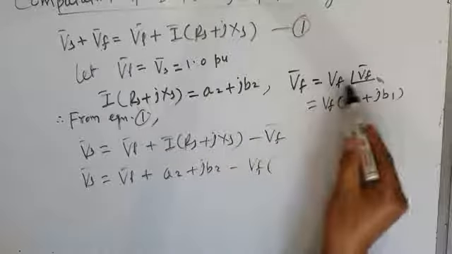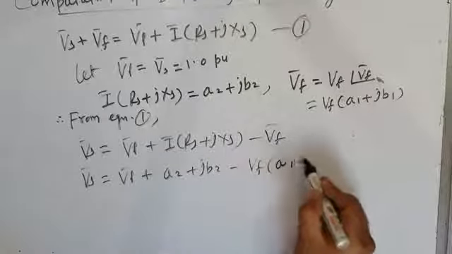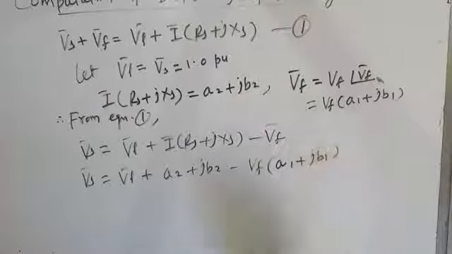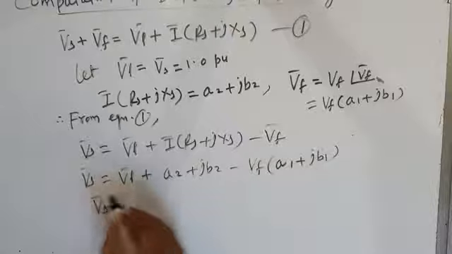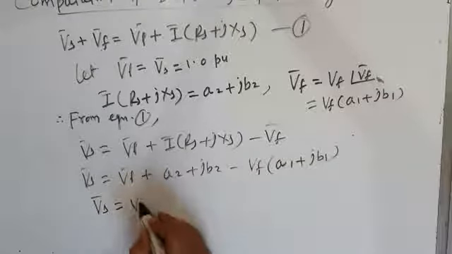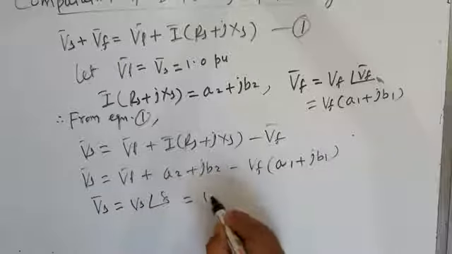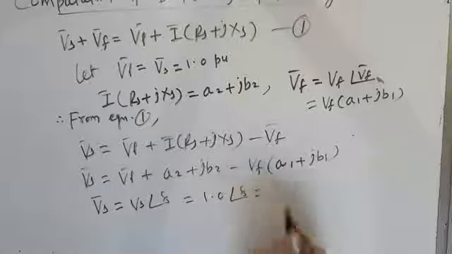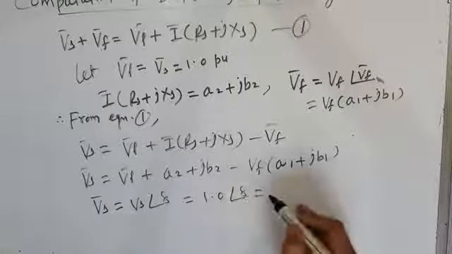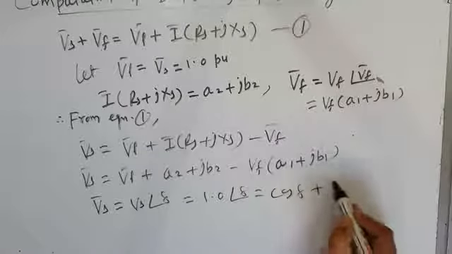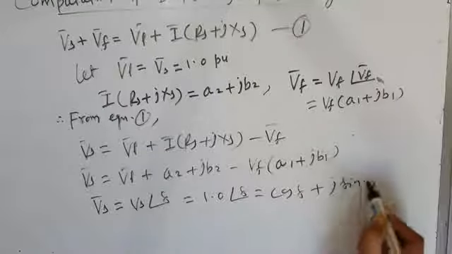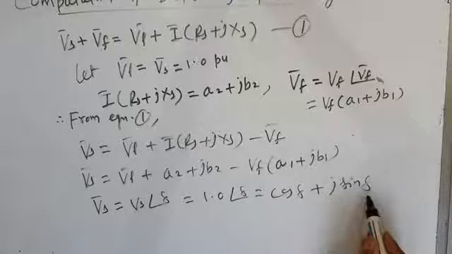What is Vf equal to? It is Vf into A1 plus JB1. So now our source voltage Vs is equal to Vs at an angle of delta. And Vs is the same as load voltage. It is 1.0 at an angle of delta. What does angle delta mean? It means 1 into cos delta plus J sin delta.